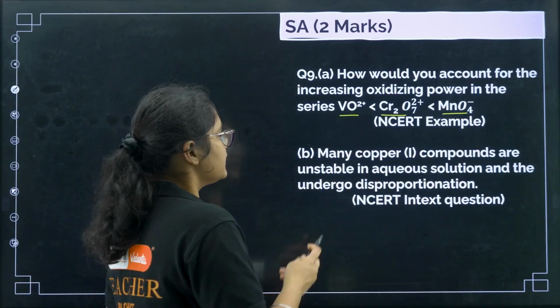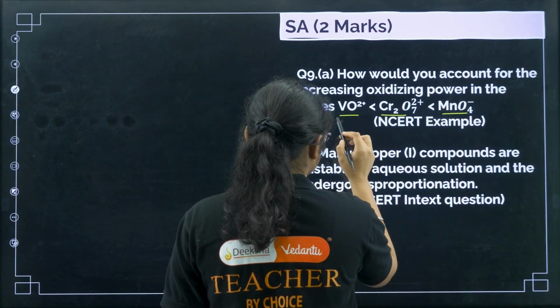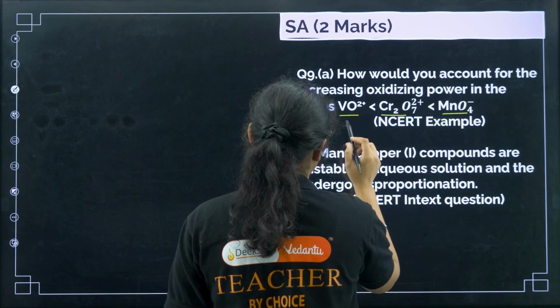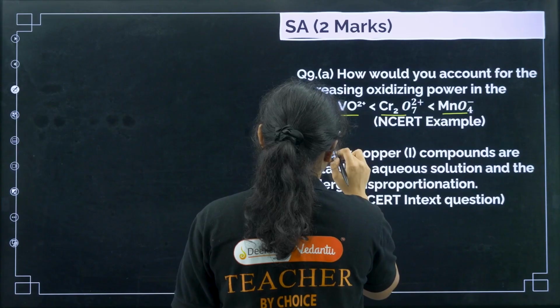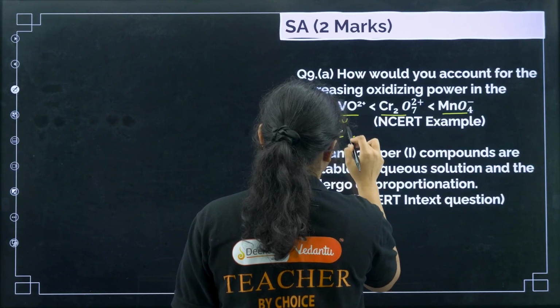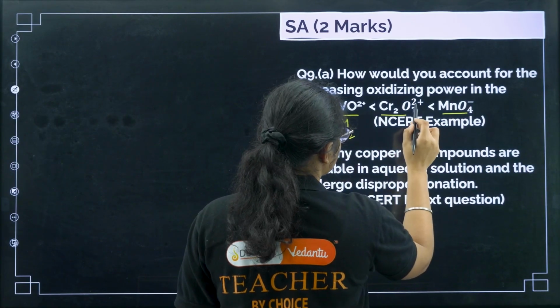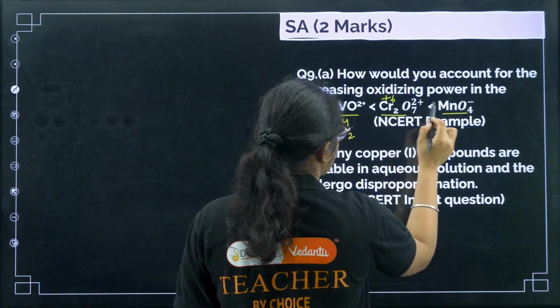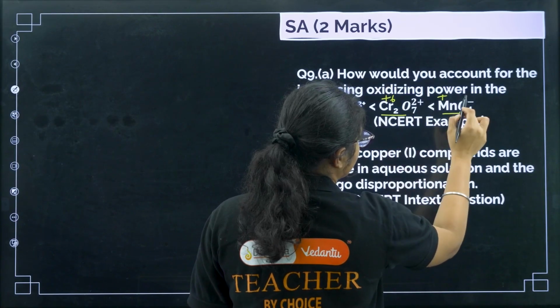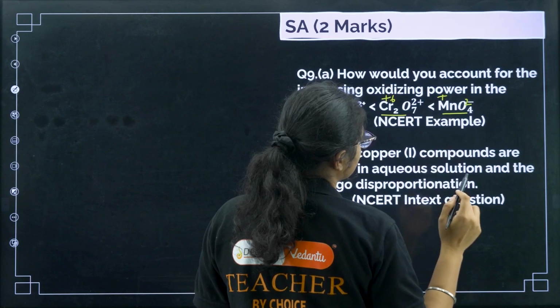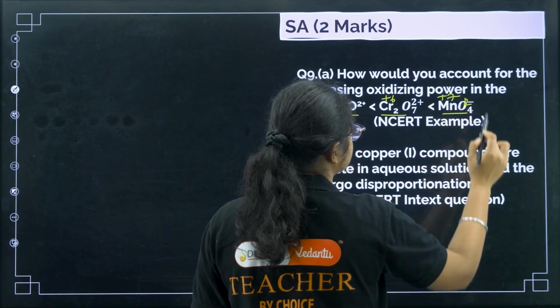If you see here, the oxidation state of VO2 plus, I can write x minus 2 equals, vanadium is +4, and here that is +6, and here it is MnO4 minus, so this is +7, right?